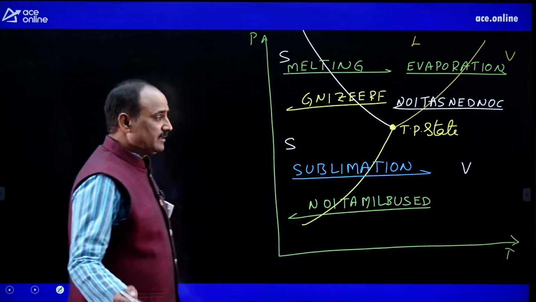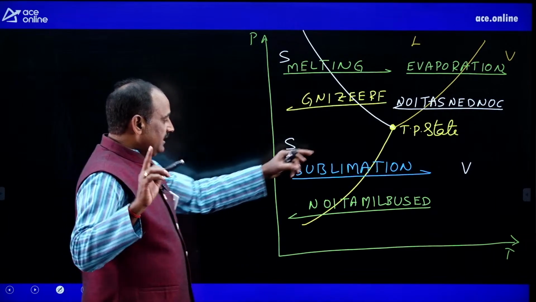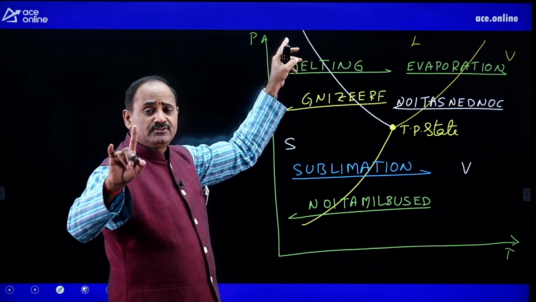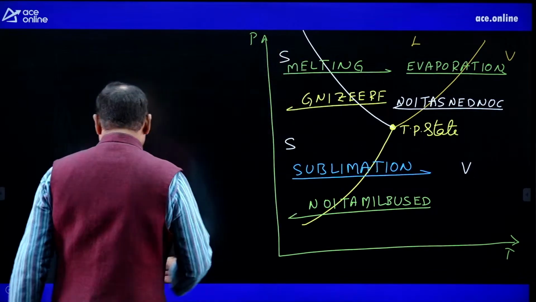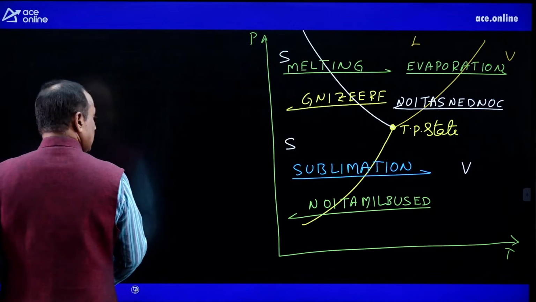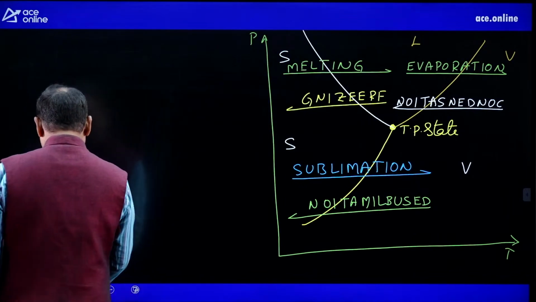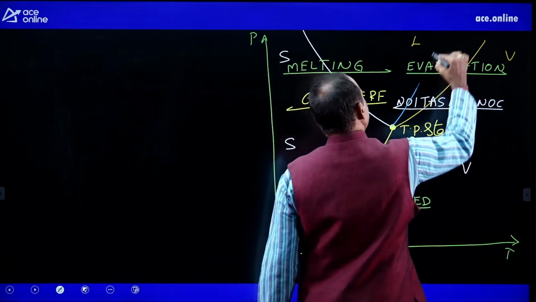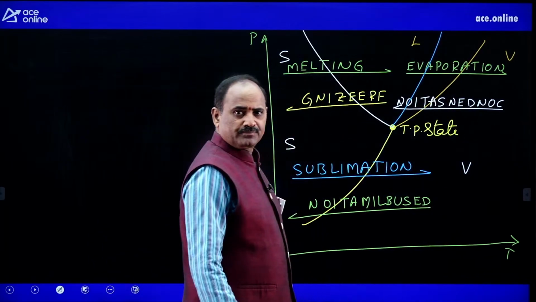Right? Understood? Anyhow, once again, this is the melting curve for the materials which decrease their volume during the melting process. But for those materials which increase their volume during the melting process, the melting curve is also maintaining positive slope.